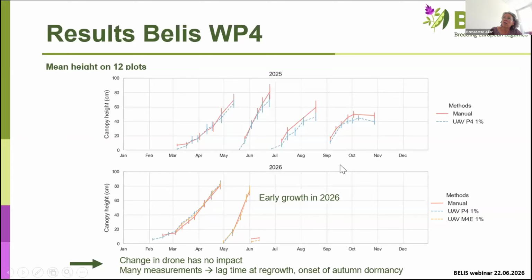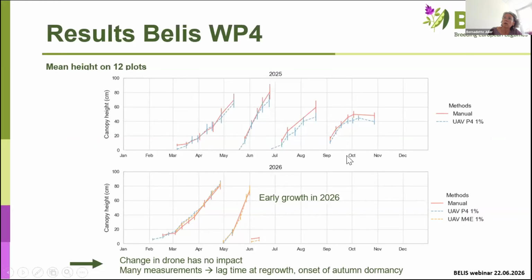As it's quite easy to have many measurements with drone flights, you can see here that we have obtained a full curve of regrowth. You can see the lag time at regrowth in spring, and it's very interesting, maybe to see also some differences in variety. We will see that later on.